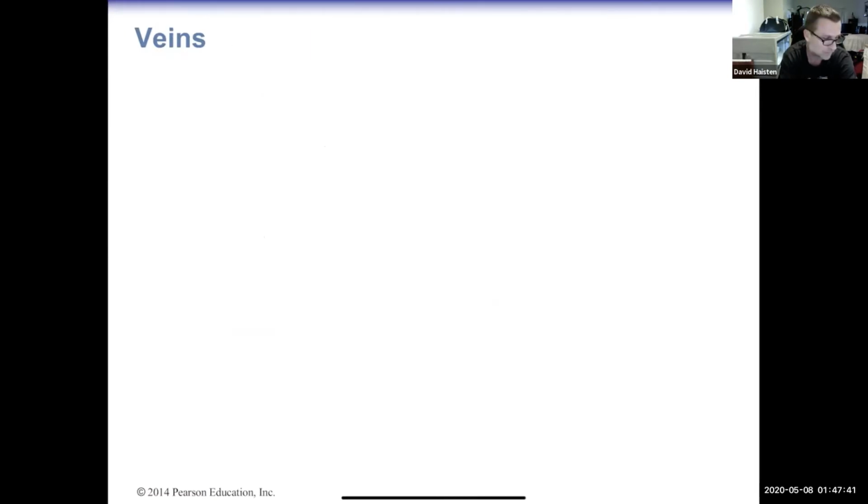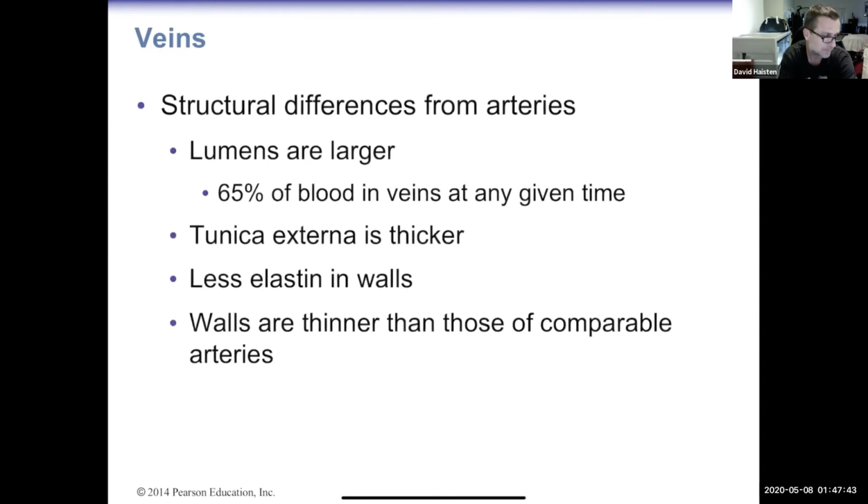Venules join to form veins. Okay, so I've already thrown a lot of this at you. You already know this. Structural differences. Lumens are larger in veins. Tunica externa is thicker than in an artery, less elastin in veins, and the walls are thinner. The overall, for the tunica externa, media, and intima together, all three tunics, a vein is thinner than an artery.